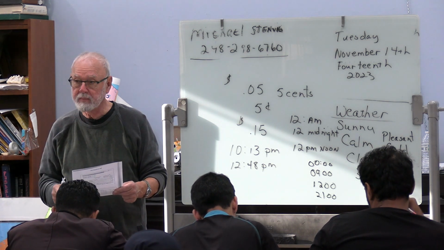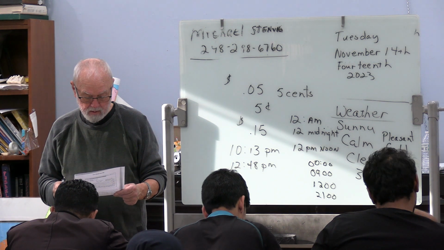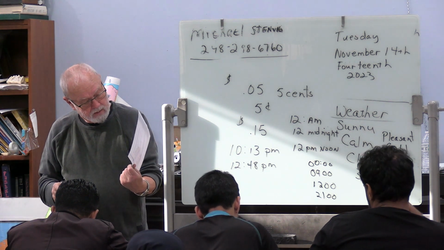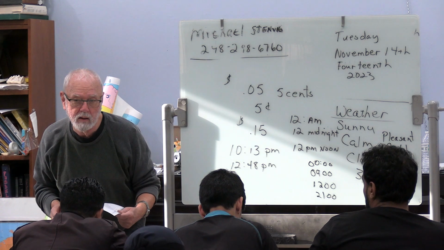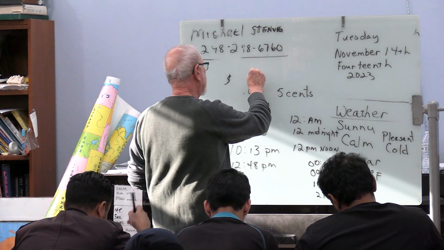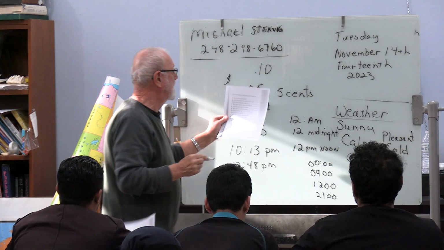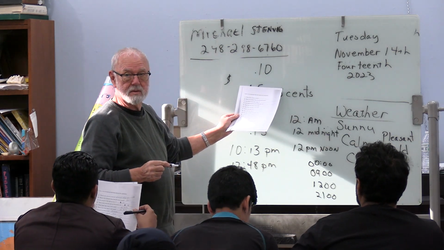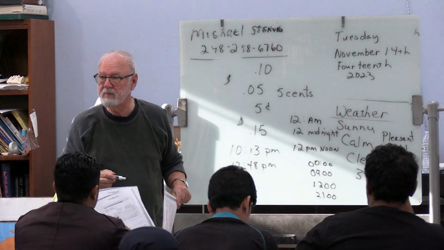Next one. How much was item 2? 10 cents. Is that dollars or cents? Cents. 10 cents.